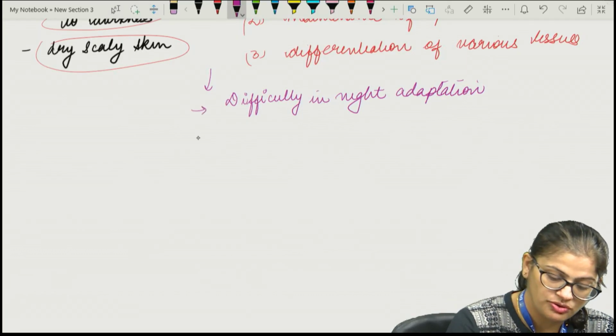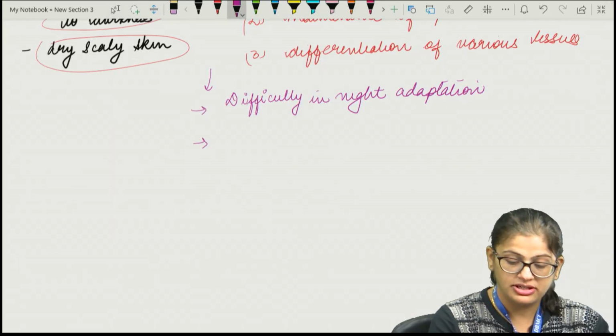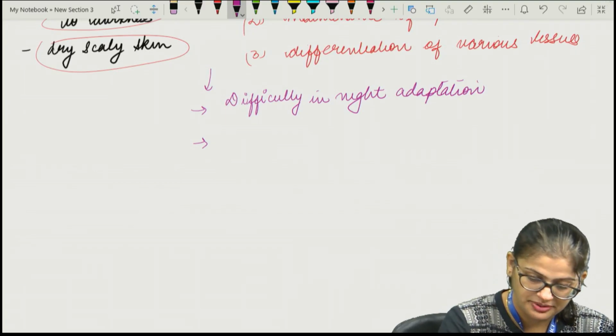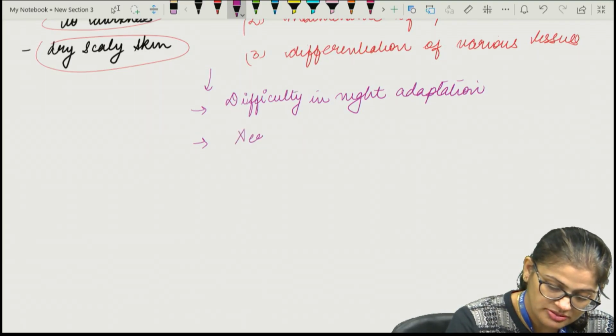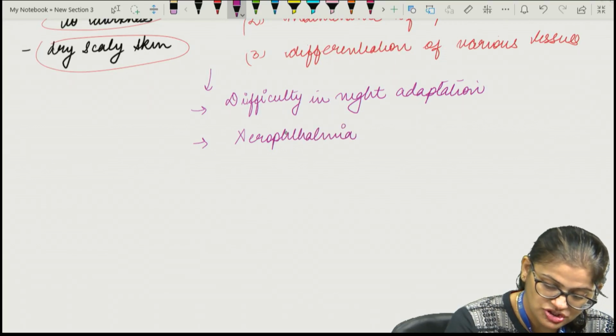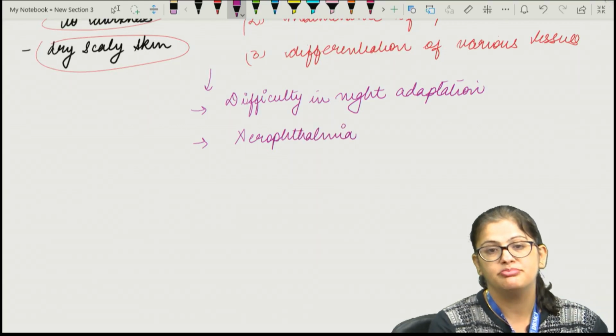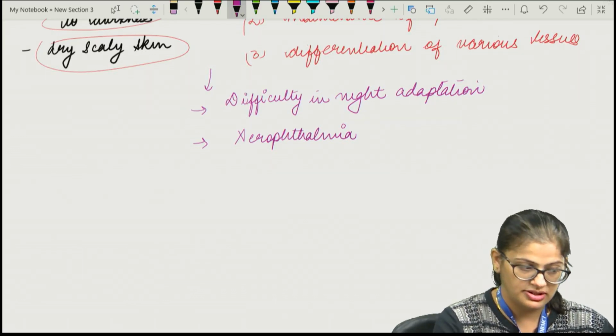The patient may give you such a history that he keeps falling at night because he cannot see properly at night. So xerophthalmia results if there is vitamin A deficiency. So there is dryness of eyes, and Bitot spots may also result.